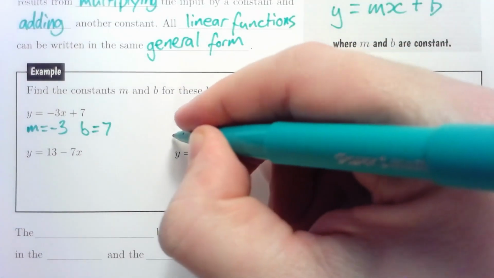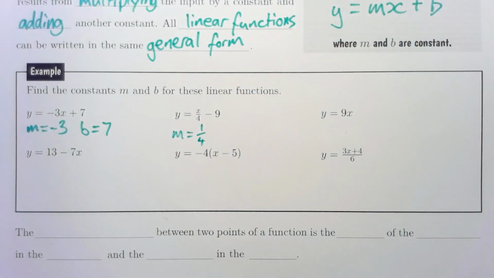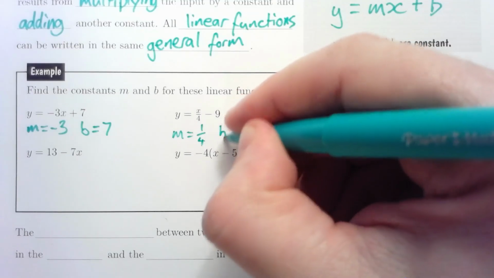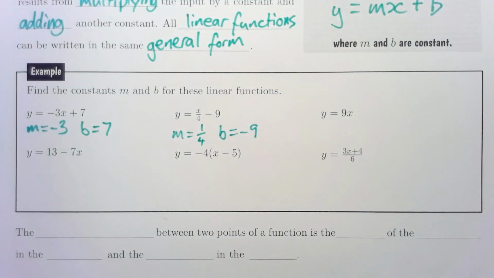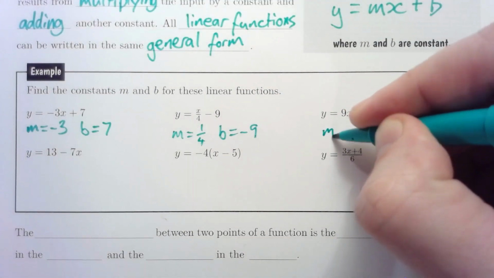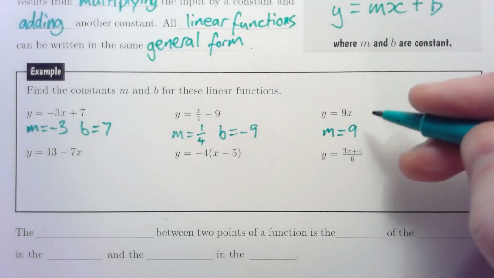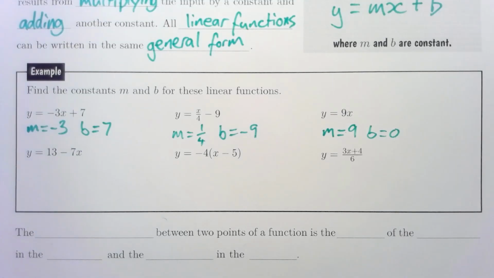But remember, dividing by 4 is the same as multiplying by a quarter. So that's what m is. Also, subtracting 9 is the same as adding -9. So that's our b. For this one, x is being multiplied by 9. So that's our m. And, well, nothing's been added. Well, that's really just the same as adding 0. So we can say that our constant b is 0.